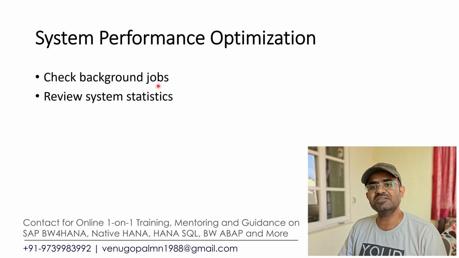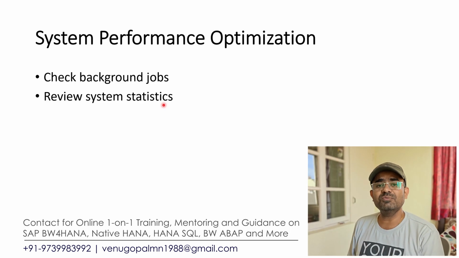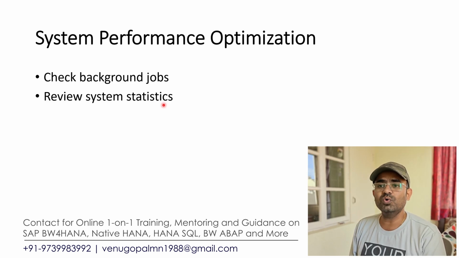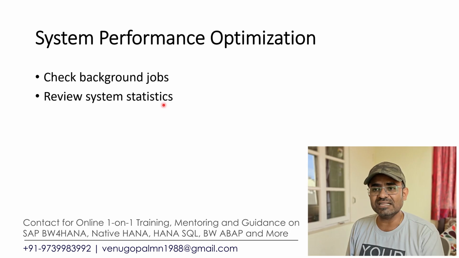At the same time, the next item we can think of is reviewing system statistics. You might be aware of or have come across technical content. There will be objects, it can be an InfoObject, it can be a DSO, or it can be a query, starting with 0TCT. All these objects we call technical content objects, which hold BW statistical information.